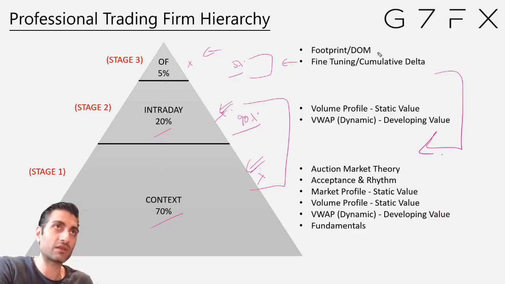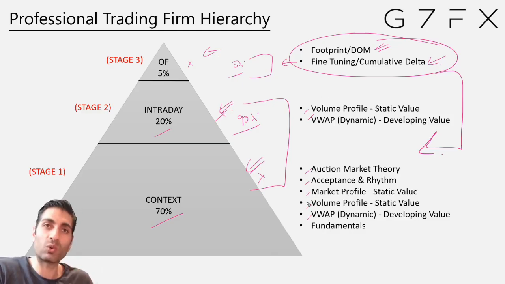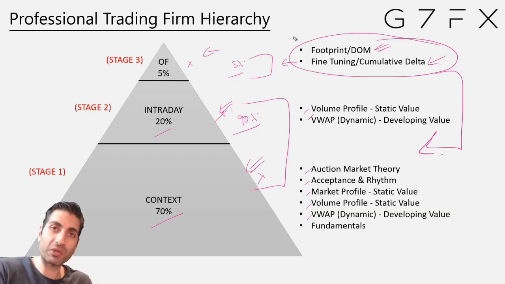I mean footprint, depth of market, cumulative delta to some extent, but I just mean this whole section, because don't forget, this is order flow. All of this stuff, it's all order flow, obviously apart from fundamentals. Guys, this is order flow at its most core. All I'm saying is order flow at a microscopic level, because think about it, it's not what I'm doing anymore.